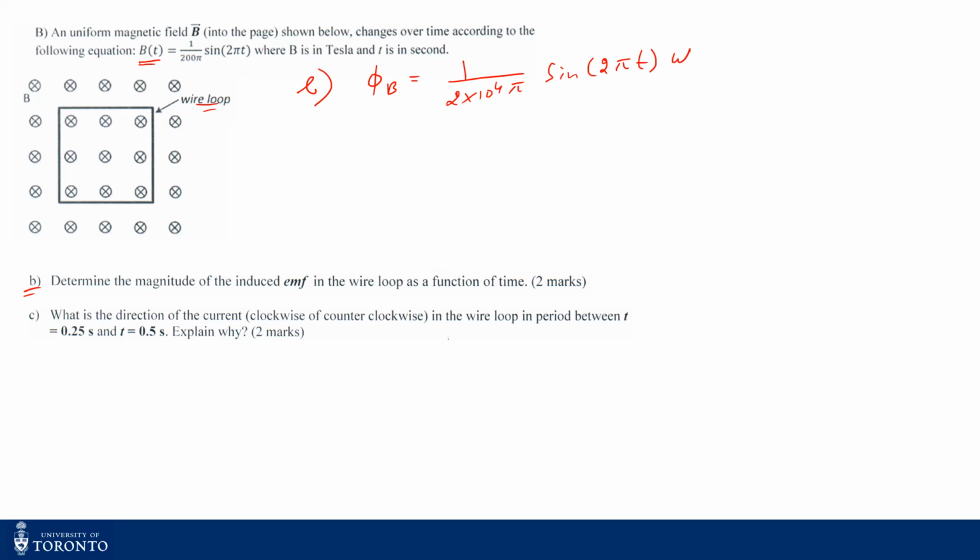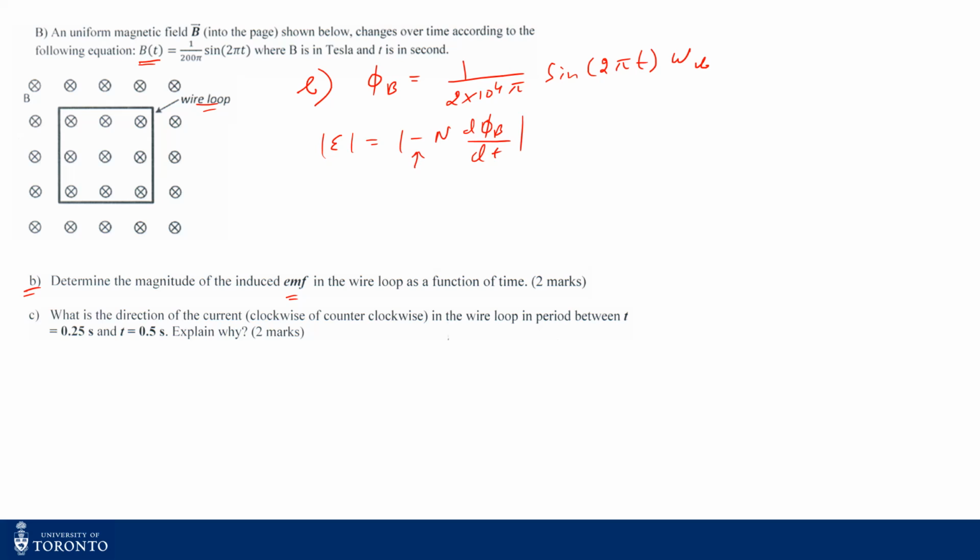All right. Now I have to find the induced EMF. We know from Faraday's law that the induced EMF is minus n d phi B by dt, and the minus sign is because of Lenz's law, opposing the change that is causing the induction.